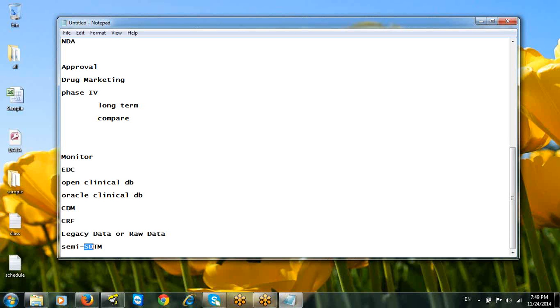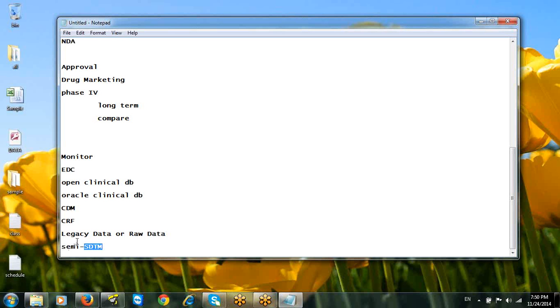When you want to send the data, especially the tabulations, to the FDA, how we will prepare it, how we will manage it, what are the different domains that we have, all that will be specified by the CDISC in the SDTM, Study Data Tabulation Model.